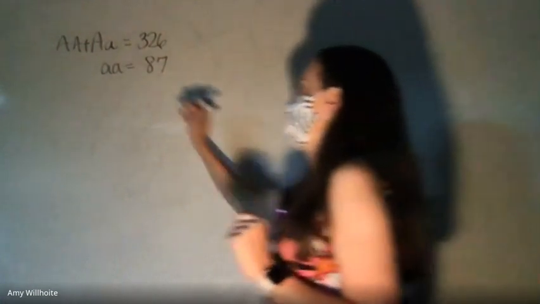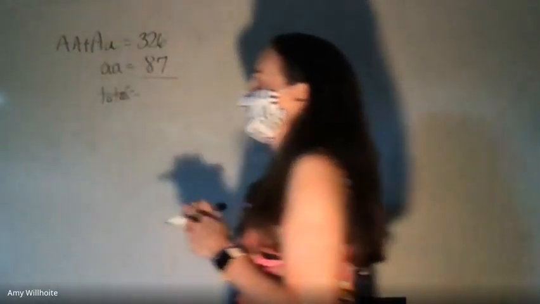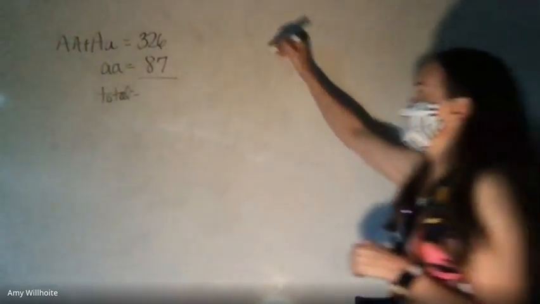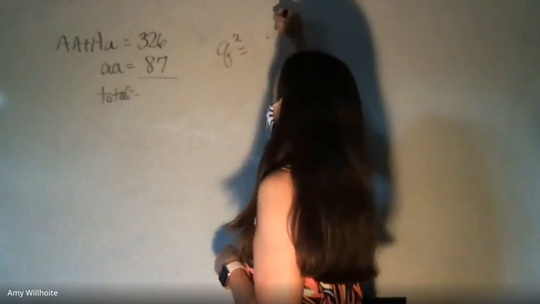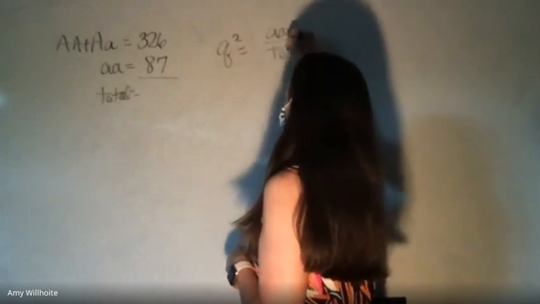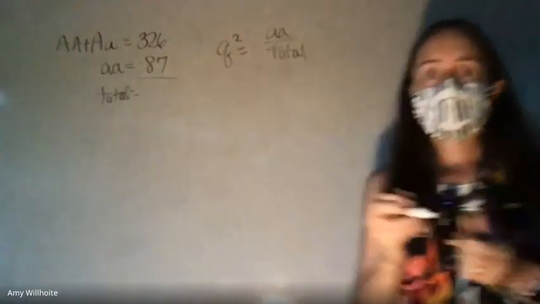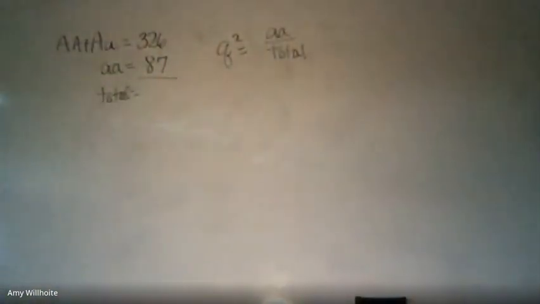Write it down and be like, okay, this is what they're telling me. And then you need a total. There you go, total. In order to start with your q squared, you have to have your recessives over total. So make sure you have both of those numbers so you can get started. After that, this one should go pretty quickly if you're starting to get the hang of it, because it's pretty straightforward.